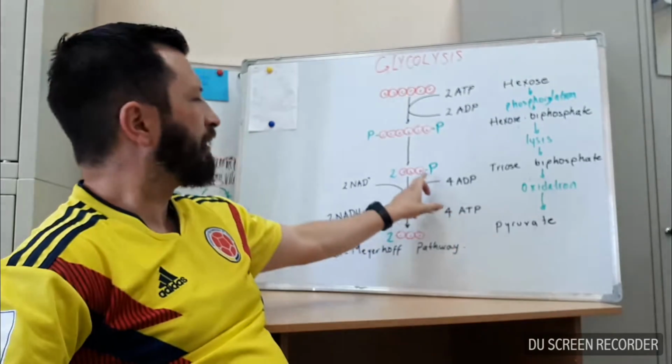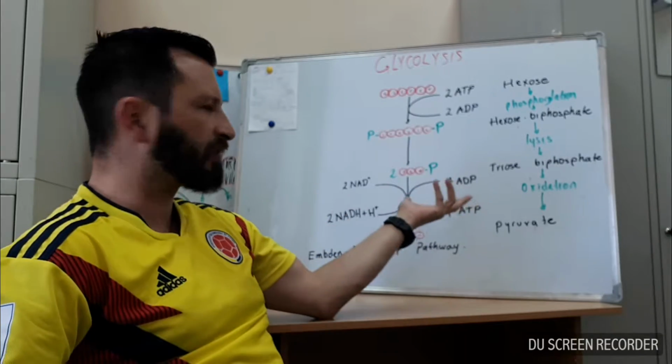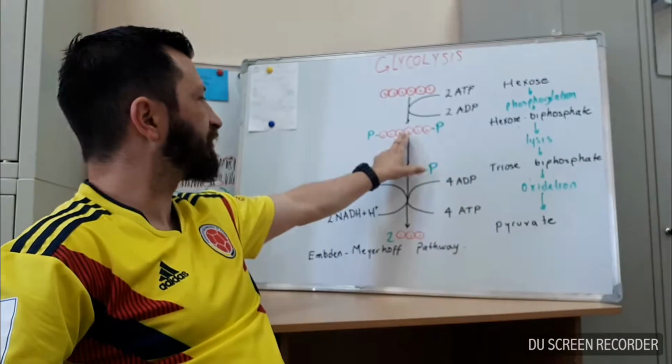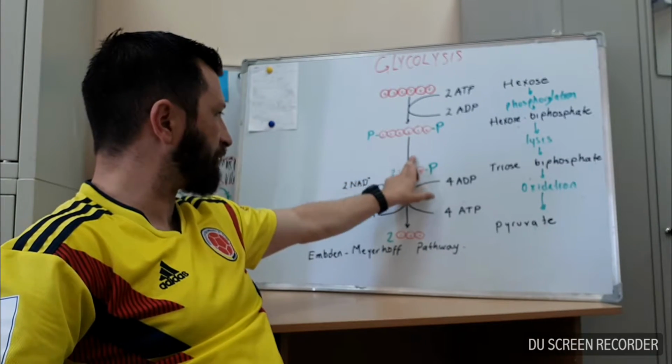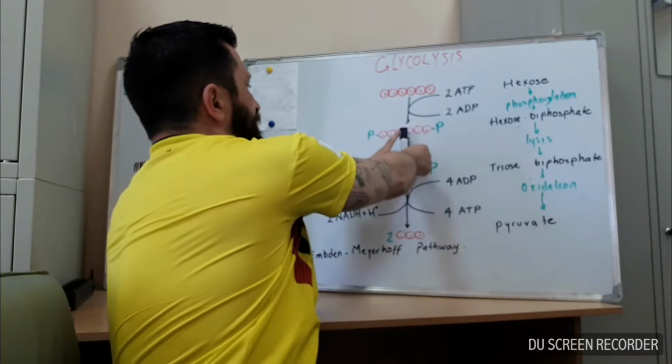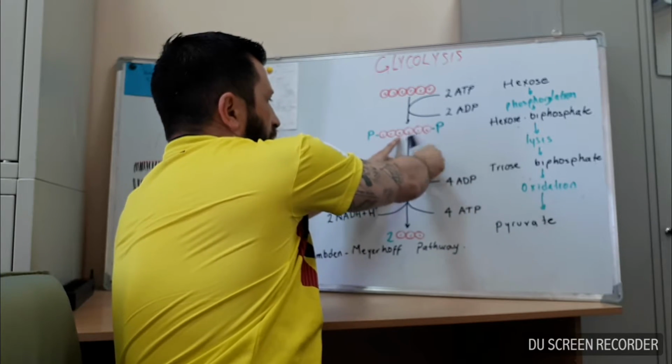But Mr. Chris, I still don't understand why I have 2 of these. Remember that we have 2 of these. This is like if I bifurcate this arrow, I'm just going to have 1 for each.